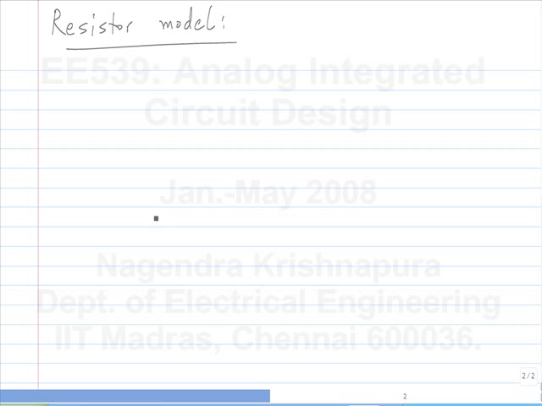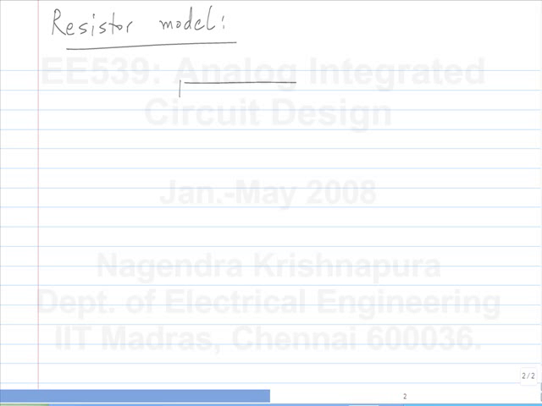Okay. So first let's take a resistor model. A model simply means that you come up with some equivalent circuit which mimics the electrical behavior of the component in question. So either it's an equivalent circuit or a set of equations which models the resistor.